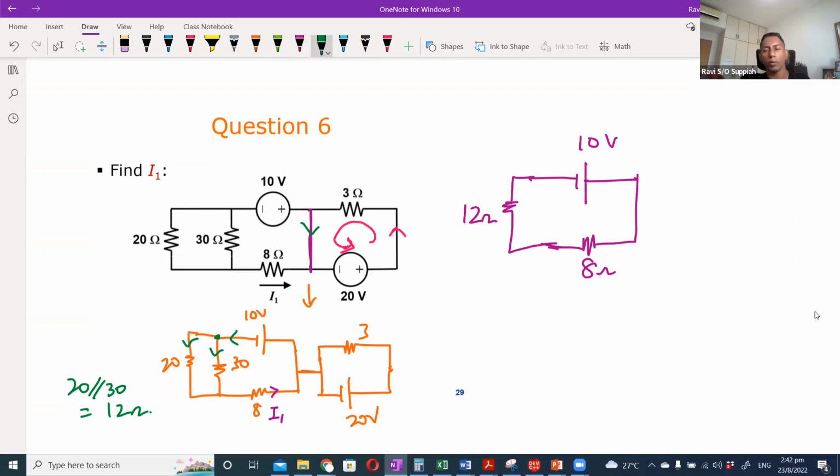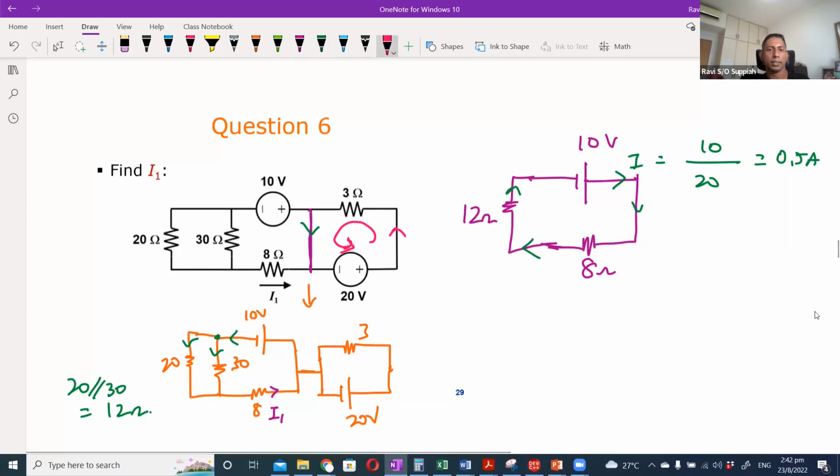All right, so now we have a much simplified circuit. The current that I want to find, I, will be 10 over 20, which is 0.5 ampere. Now, since we know that current flows from the positive to the negative, the current is flowing in this clockwise direction through the circuit.